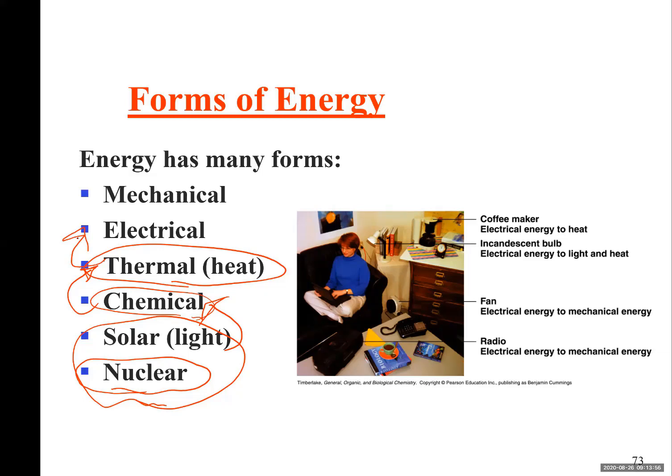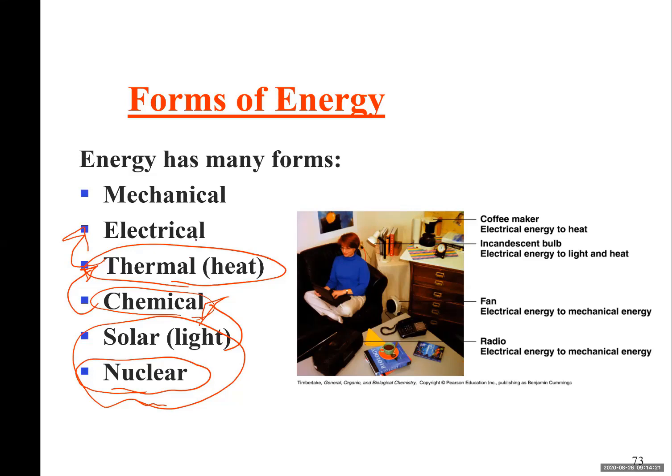That's an example of conversion of thermal energy into electrical energy. Thermal energy is used to produce steam. The steam turns the turbine. The turbine is moving in a variable magnetic field and is producing electricity.